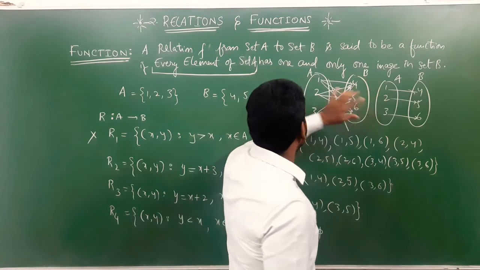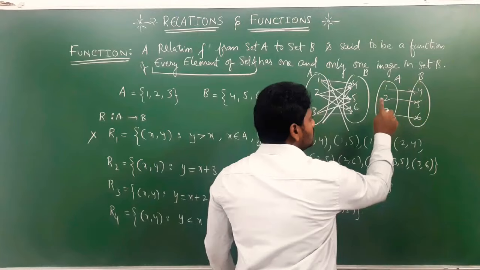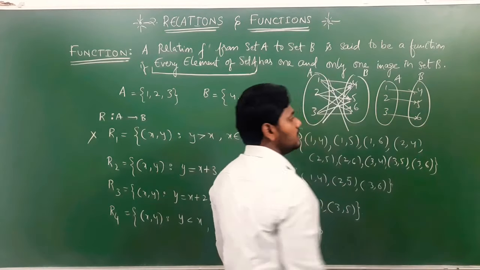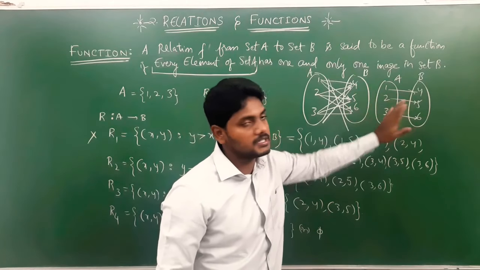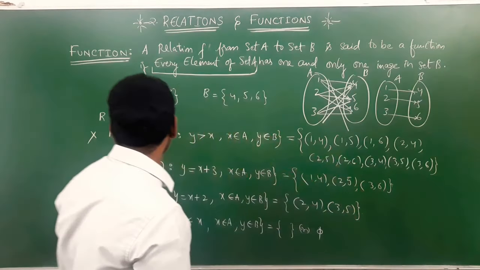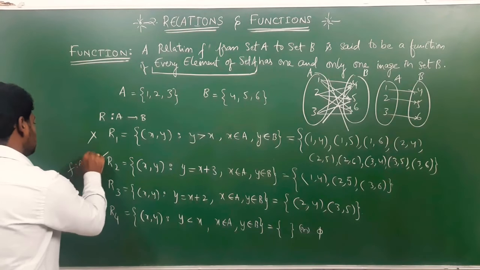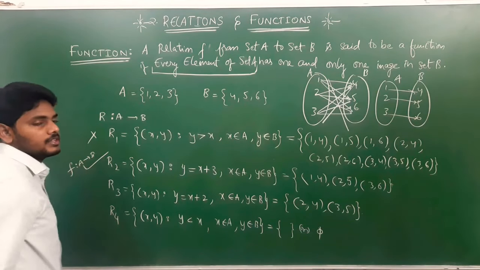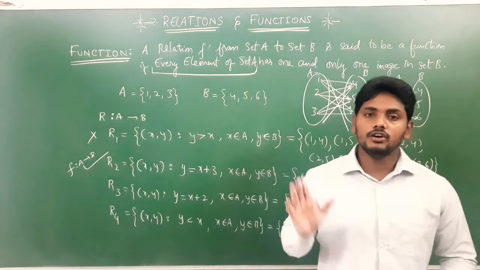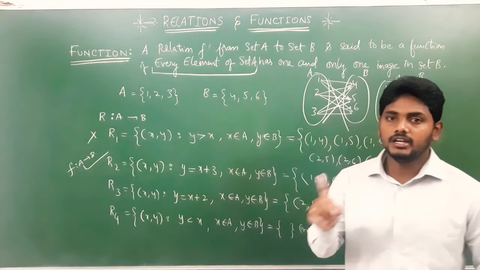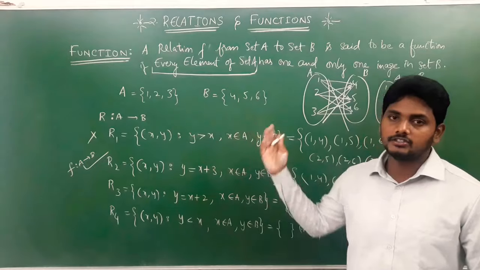Every element of set A has one and only one image. 1 has only one image, 2 has only one image, and 3 also has only one image. And every element has an image. So we will consider this relation a function from A to B. When a relation is a function, every element of set A has one and only one image in set B.